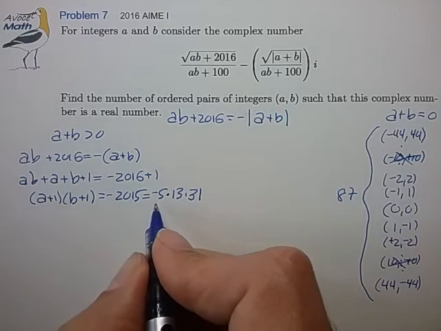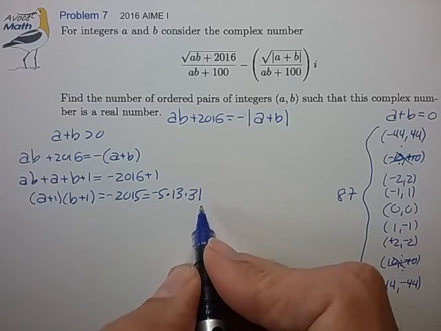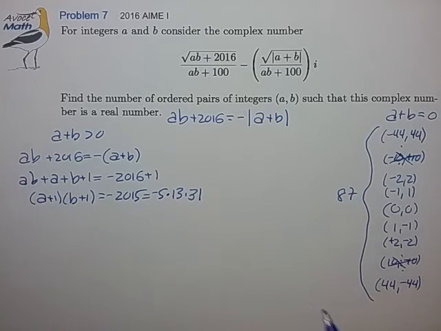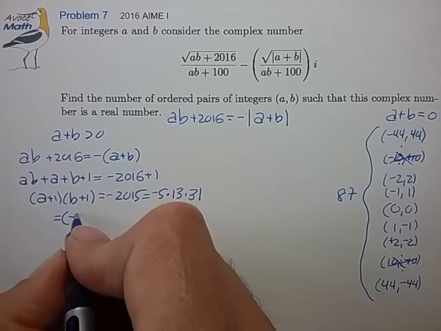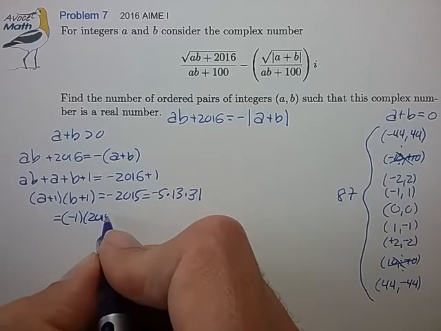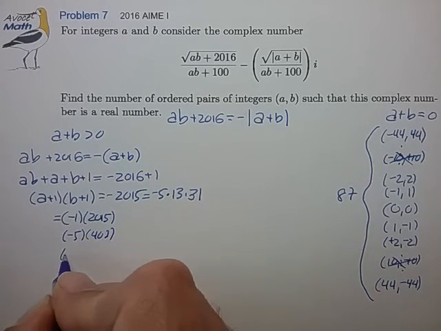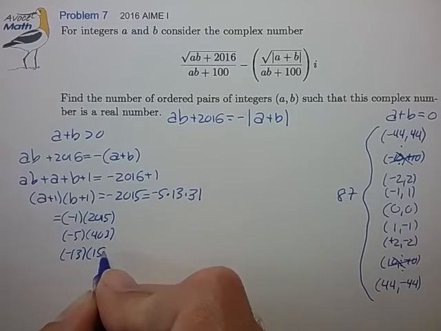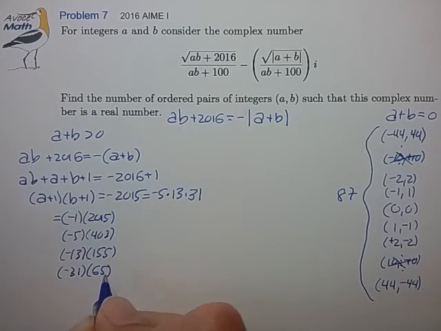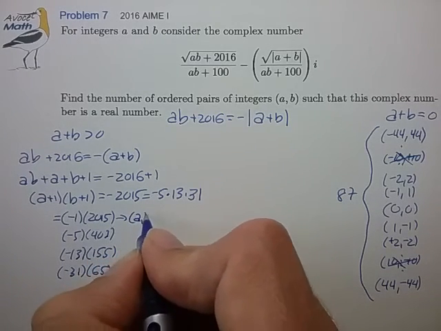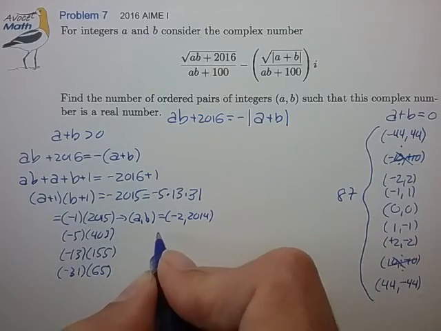And we can write out all the different factor pairs. We have exponents of 1, 1, 1, so we have 8 total factor pairs. If we order them, that reduces to 4 possible factor pairs. So we can write this as equaling minus 1 times 2015, or minus 5, 403, minus 13, 155, minus 31, 65, and that yields ab minus 2, 2014.